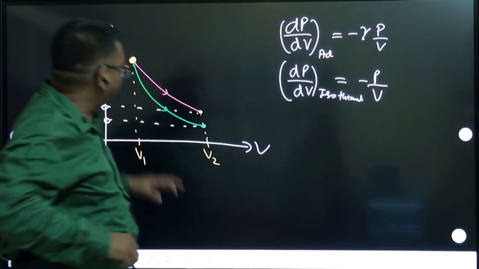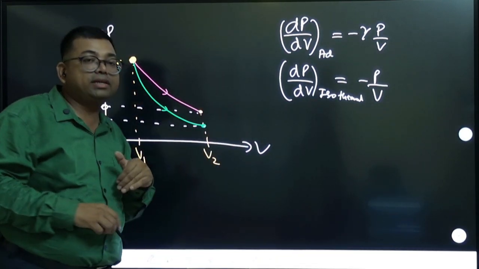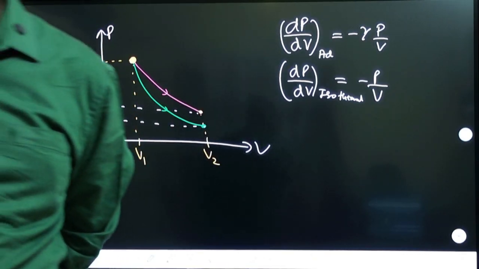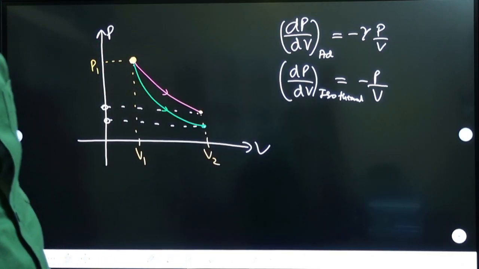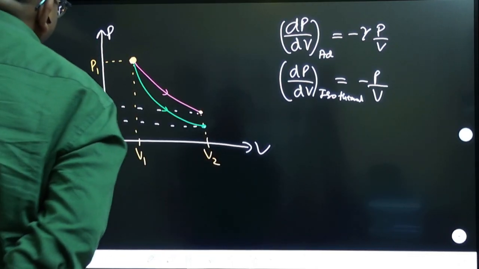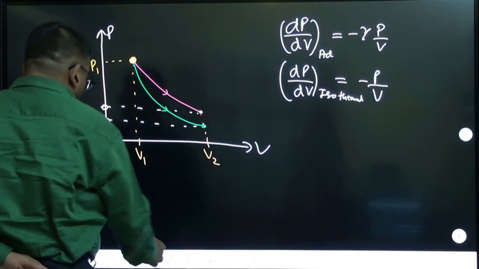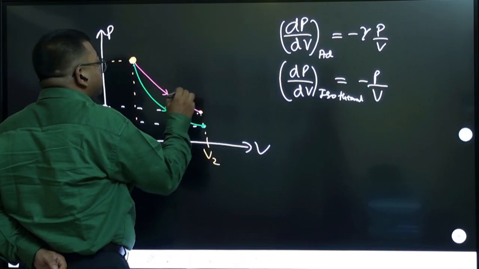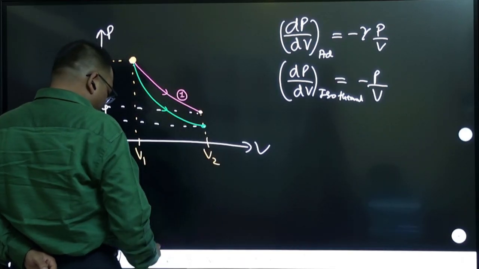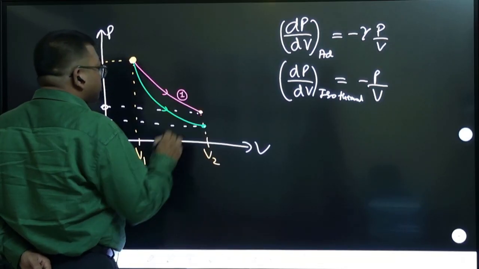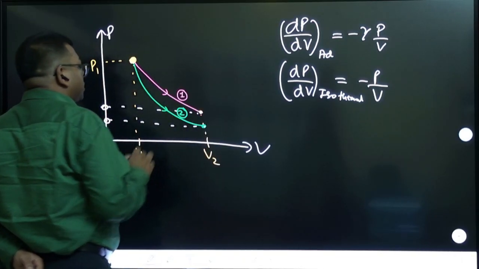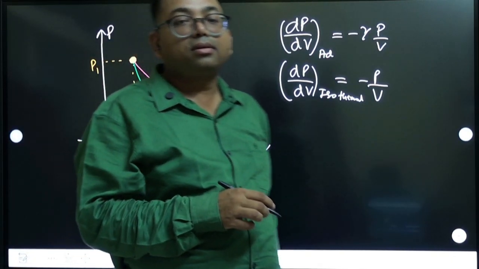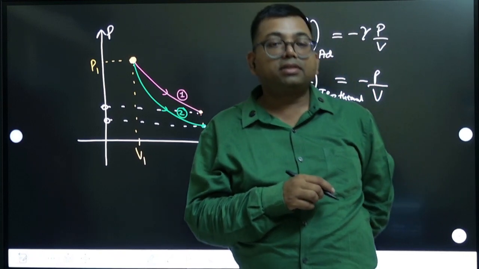Yes. Can you tell me which graph is isothermal, which is adiabatic? Let's take this as the first one, and this below graph as the second one. Second graph. Okay. So second one is adiabatic. First one is isothermal. That is what you are saying.